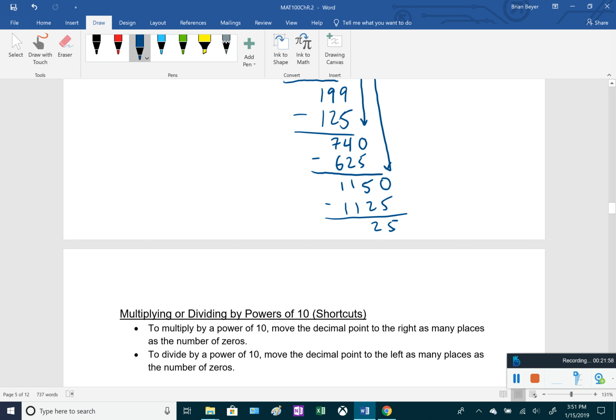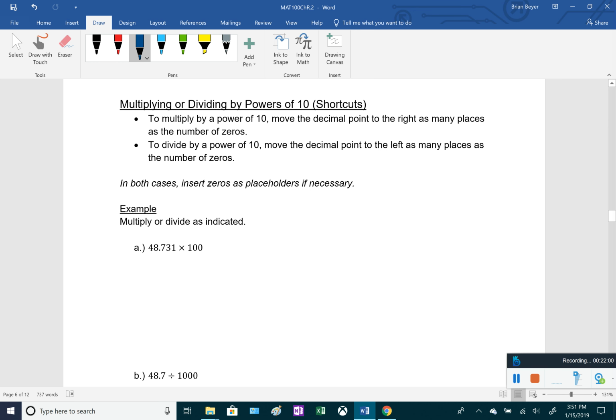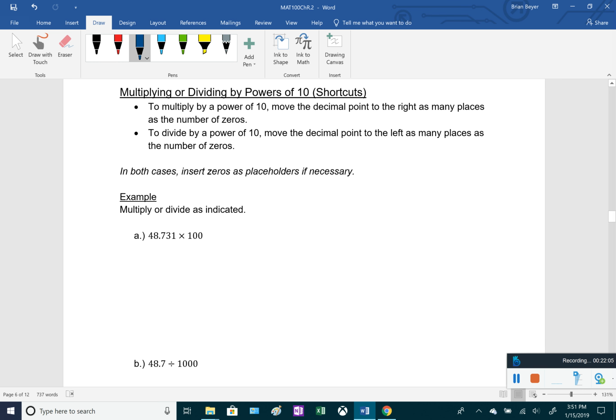Okay, so that's dividing decimals. So there are some shortcuts for multiplying or dividing by powers of 10, meaning 10, 100, 1,000, 10,000, 100,000, and so on. It's going to be a lot easier.